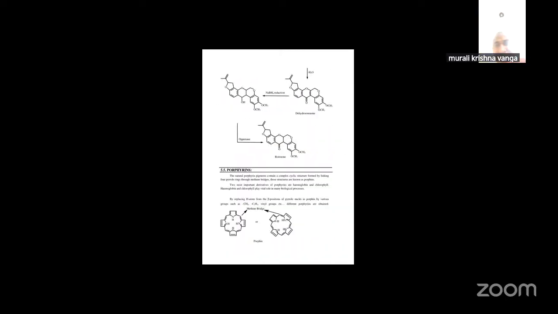Next, porphyrins. So this is a porphyrin. The natural porphyrin pigment contains a complex cyclic structure formed by the linkage of four pyrrole rings through methylene bridges. These structures are known as porphyrins. Two most important derivatives of porphyrin are hemoglobin and chlorophyll.